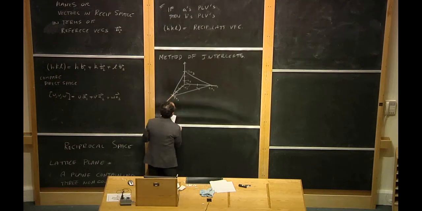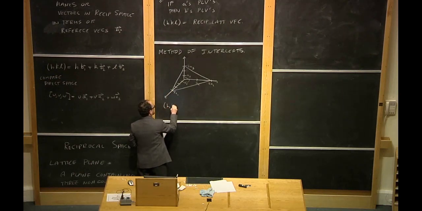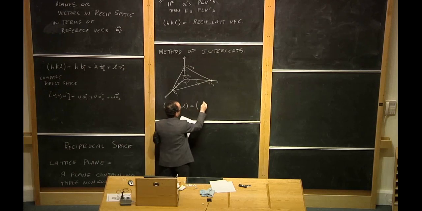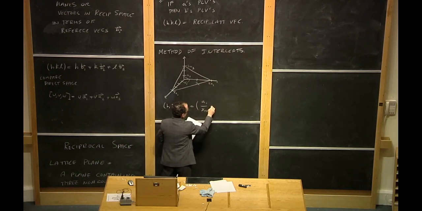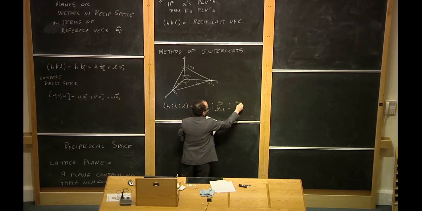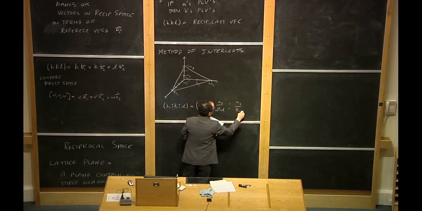The rule is that H is to K is to L, in proportion, the same as A1 over the x-intercept is to A2 over the y-intercept is to A3 over the z-intercept.